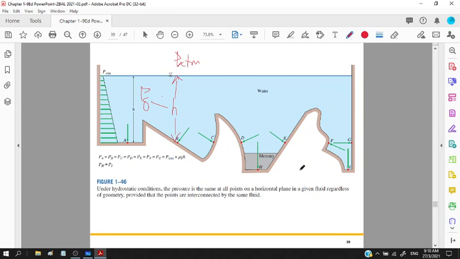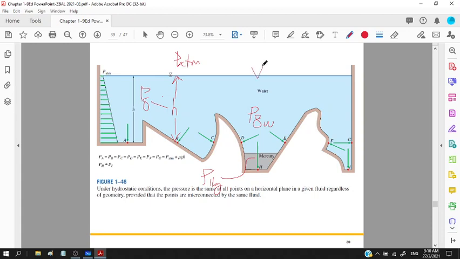But if we have the levels of H and I, we have mercury and also water. We have two P gauge. This is a P gauge because of the water. Then we have the P gauge because of the mercury.